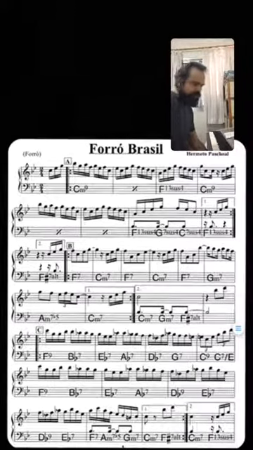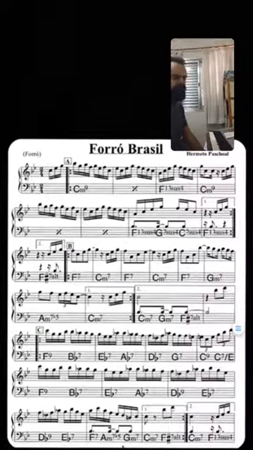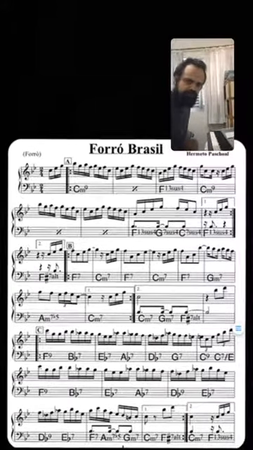Another common typical accent that we use is the accent of the syncopation that is in the middle note of the syncopation.